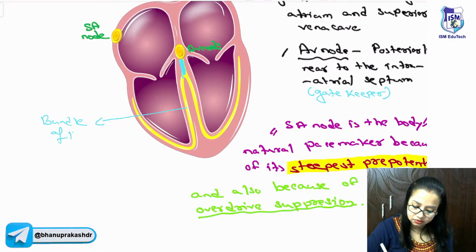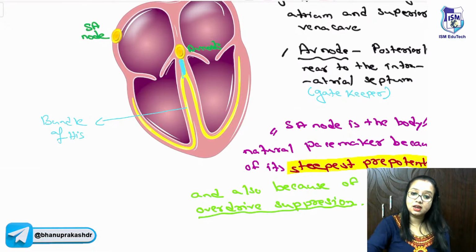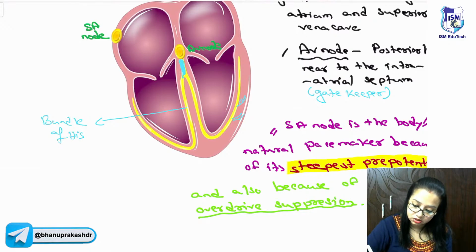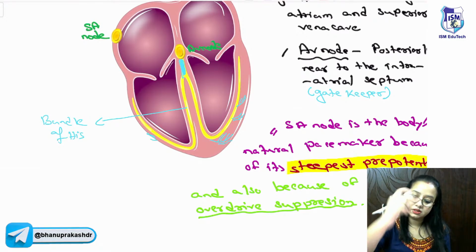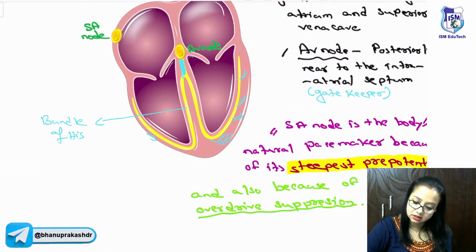They bifurcate and form fascicles, and also give out fascicular branches that penetrate all the way to the posterior basal part of the ventricle on either side. These are called the Purkinje fibers.